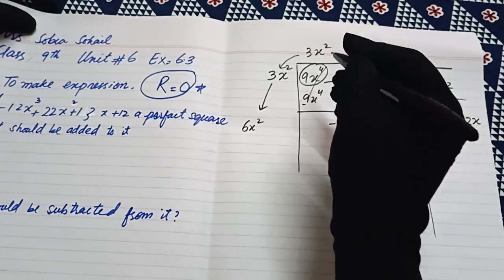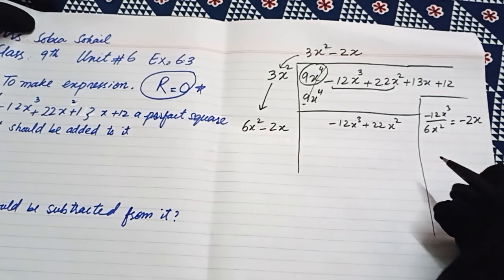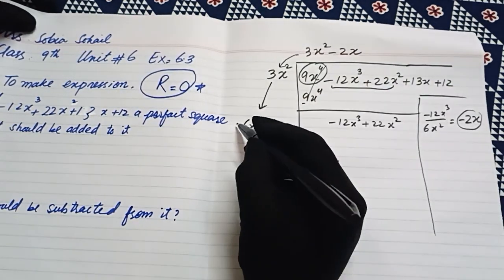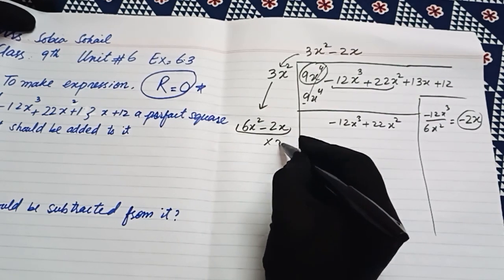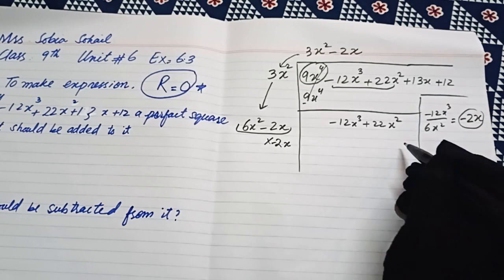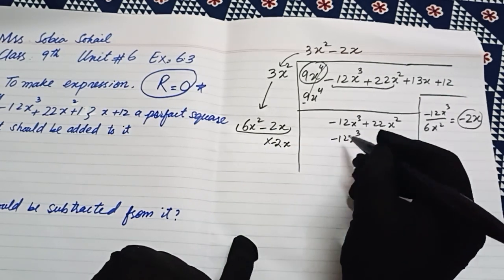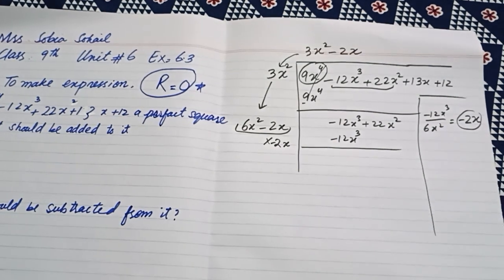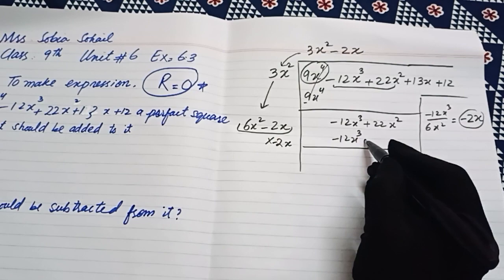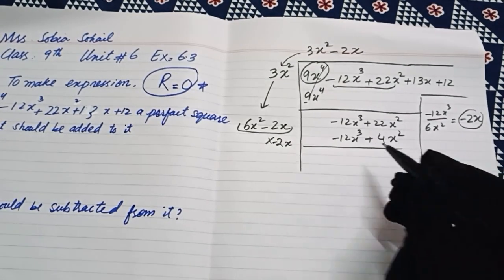This newly obtained term will be the second term in the quotient and the second term in the divisor. After that, this term will be multiplied with the complete divisor, with the same sign. Minus 2 times 6 is minus 12x^3, the first term will obviously remain the same, then minus 2x times minus 2x is plus 4x^2.